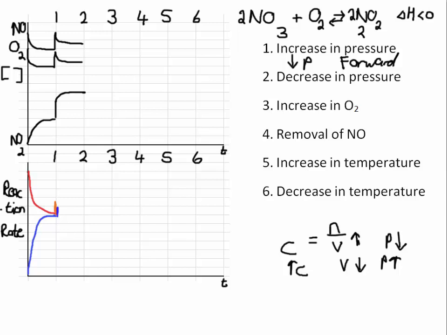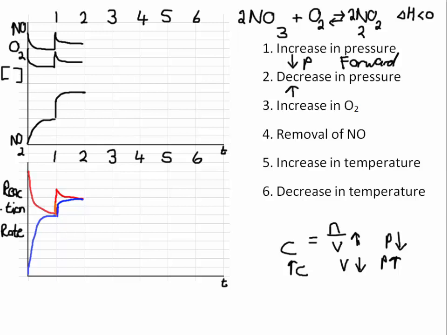Rate is influenced by concentration, so we see that the reaction rate increases. But, very important here, the forward reaction will increase more than the reverse reaction, and the reason for that is because the forward reaction is going to be favored. And so we see the forward reaction is favored, it gradually decreases, and we see our reverse reaction gradually increases.